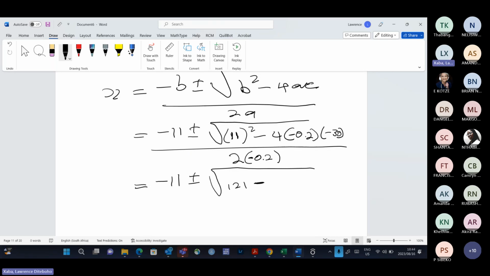Then we have negative 24. So below there, just multiply what we have, which is 2 times negative 0.2. Then we have negative 0.4.